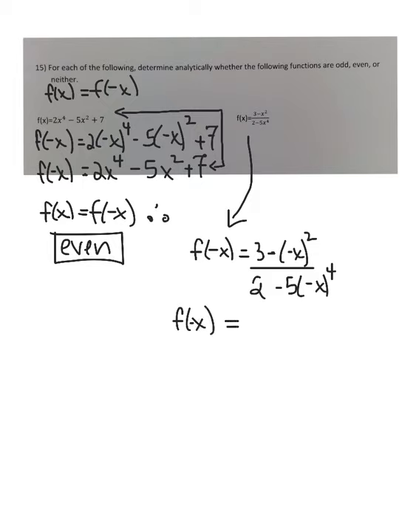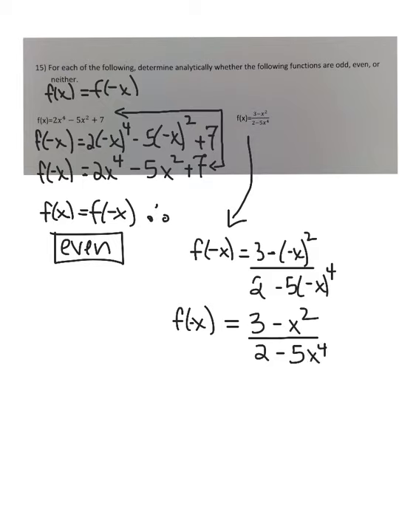So I get f of negative x equals 3 minus, now once again we have a negative x and we're squaring it, so that's just going to be a positive x squared, and in the denominator 2 minus 5, and then once again let's look at this, a negative x raised to the 4th power. Well, that negative will turn into a positive, and then that x will turn into an x to the 4th.